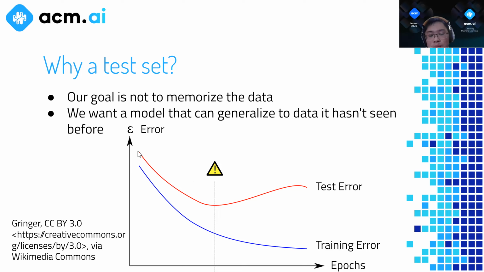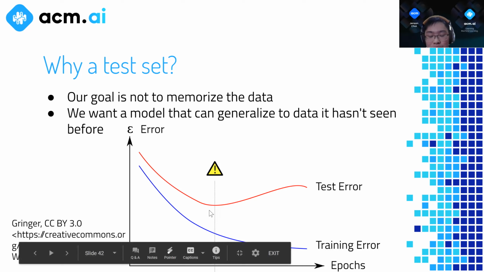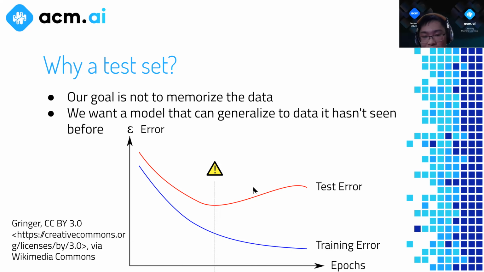As you can see from this graph, a general trend during training is that the test error and the training error both decrease at first, and then after a certain point, the test error would actually start increasing. The test error and the training error would basically diverge from each other, and that's a telltale sign that our model has started to overfit.